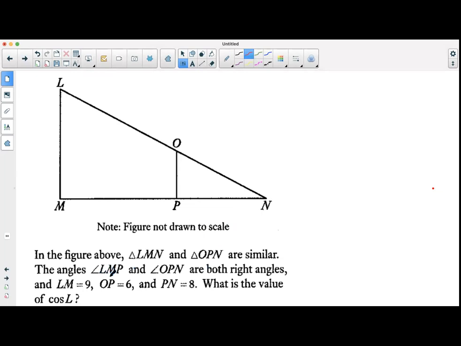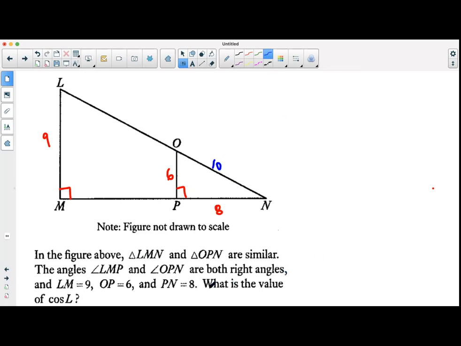Angle LMP is a right angle, and OP, both of them are right angles. LM is equal to 9, and OP is equal to 6. The ratio is 9 to 6. And PN is equal to 8. Do you see 6, 8? Then ON, what's ON? This is a 3, 4, 5 triangle, so this must be 10, isn't it? 6, 8, 10. 3, 4, 5, doubled, 6, 8, 10.